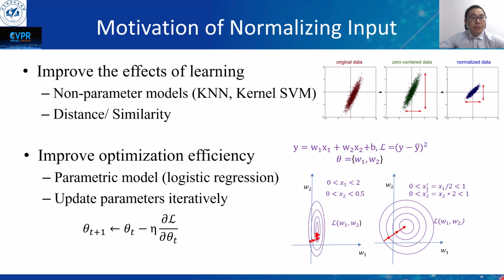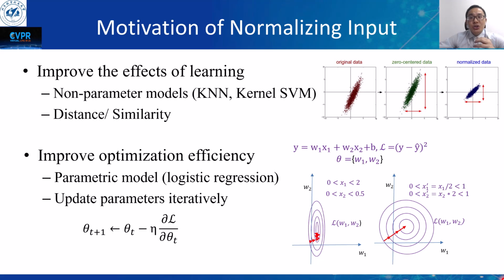Why do we perform normalization for the input data? There are two perspectives on normalization. The first benefit is that it can improve the model's learning performance, especially for non-parametric models. For example, the k-nearest neighbor classifier or kernel support vector machine, in which we need to calculate the distance or similarity between the examples.